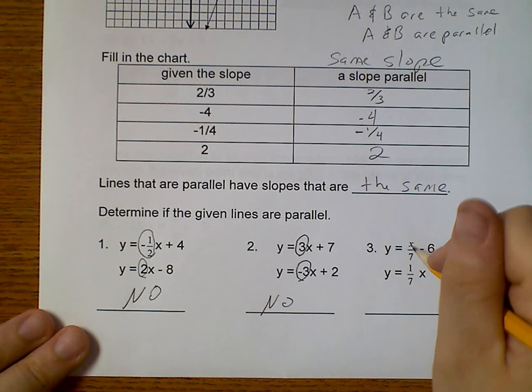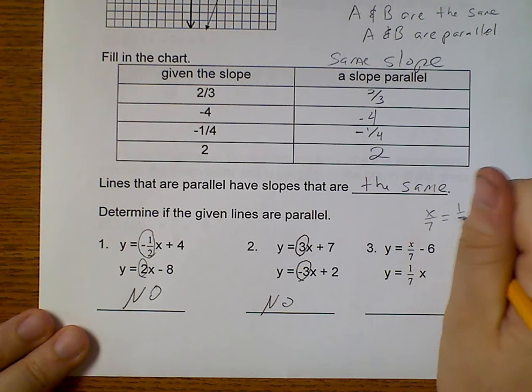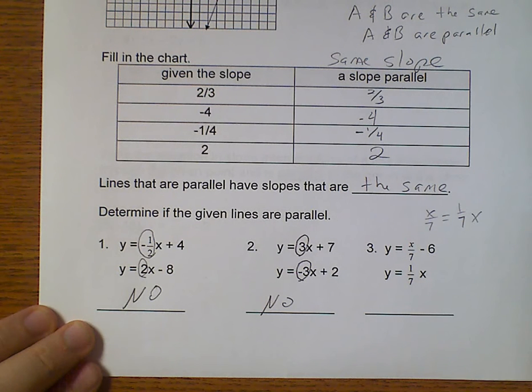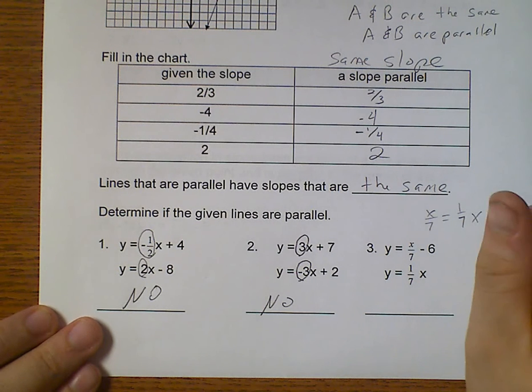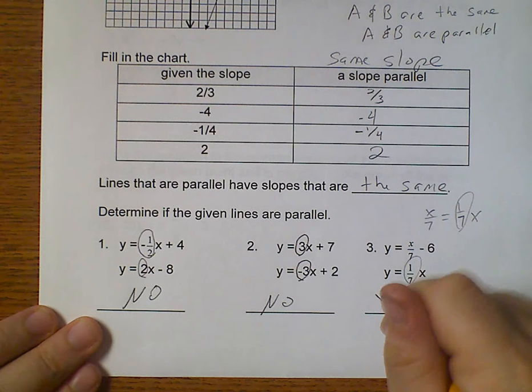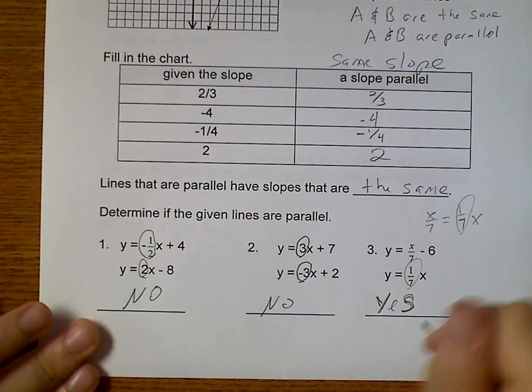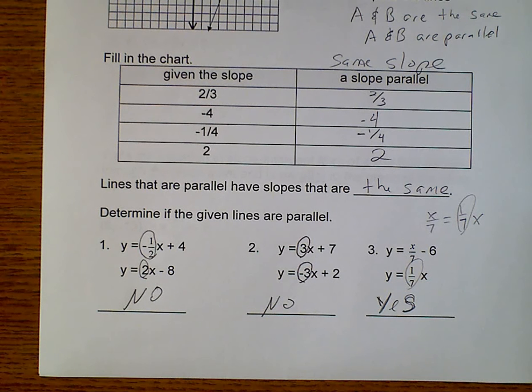X over 7 is the same thing as saying 1/7 x. And so I've got 1/7 and 1/7. And so here, the answer is yes. Same slope, they are parallel.